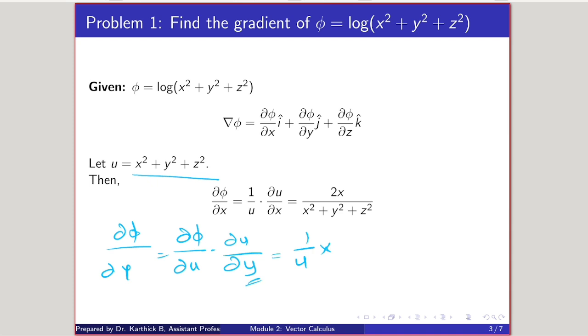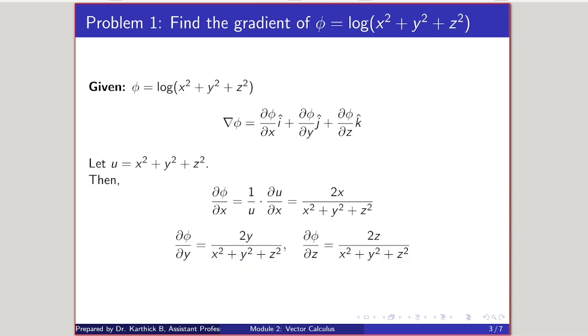If I differentiate with respect to y, it will be 2y. Therefore 2y divided by x square plus y square plus z square is our value of dou phi by dou y. In a similar way, I may get dou phi by dou z. Then we will substitute in this formula.